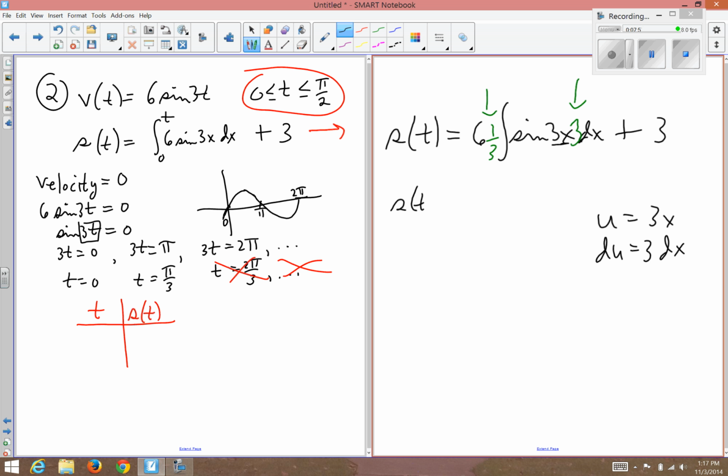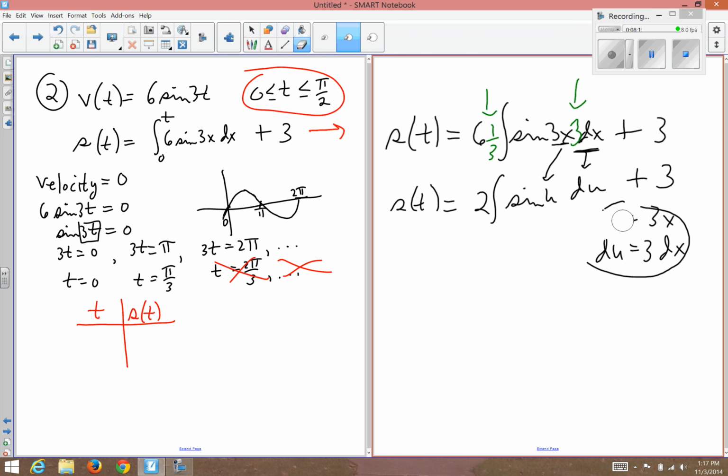S of t equals 6 times a third, which is 2, integral sine u du, because 3x equals u and 3 dx equals du. I'm going to erase this. I can pretend I did that in my head.